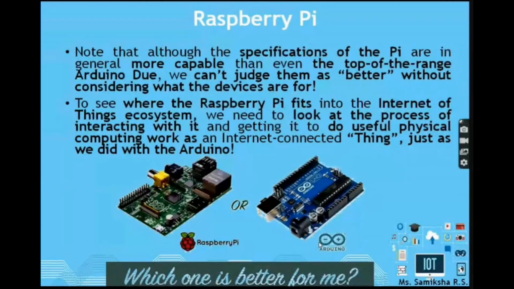For that we have to judge the Raspberry Pi over various constraints. We are going to see how we can interact with the Raspberry Pi, how we can do physical computing with Raspberry Pi. That means how we can actually build that internet connected thing using Raspberry Pi.